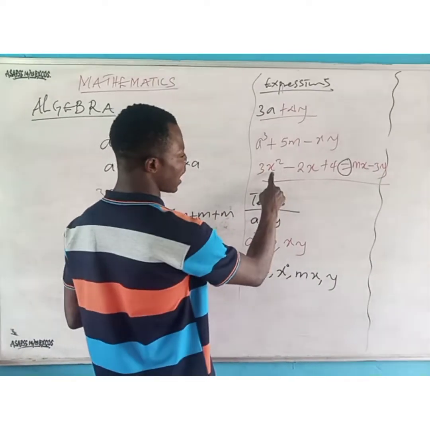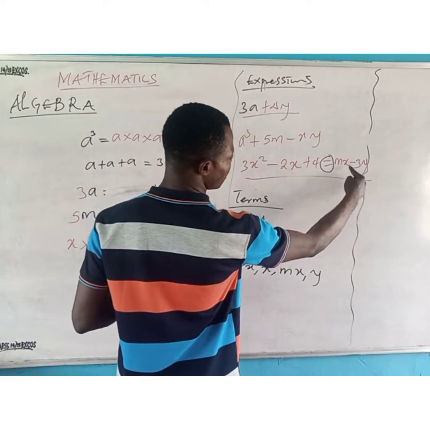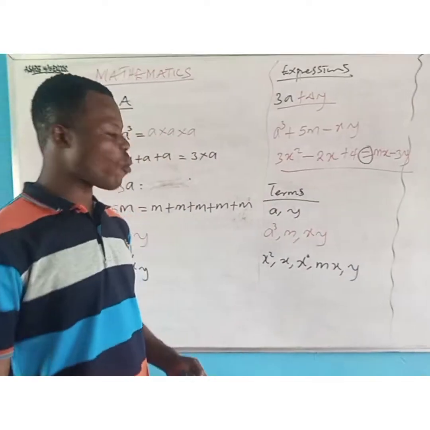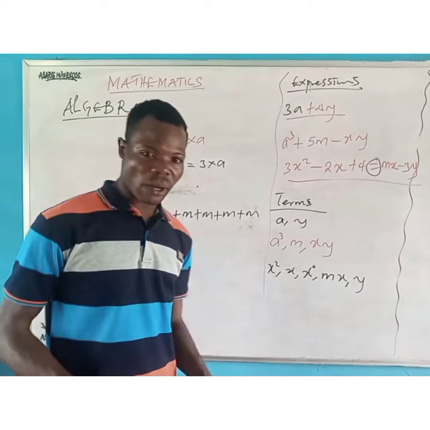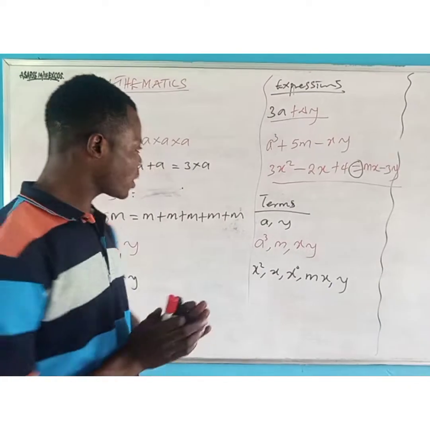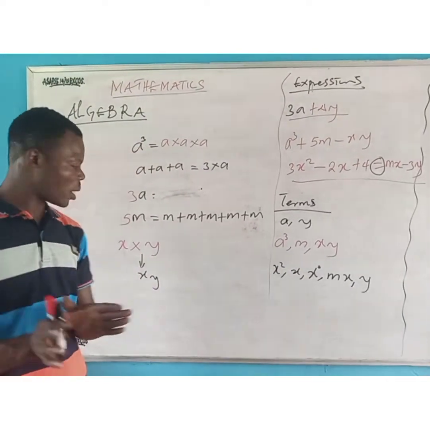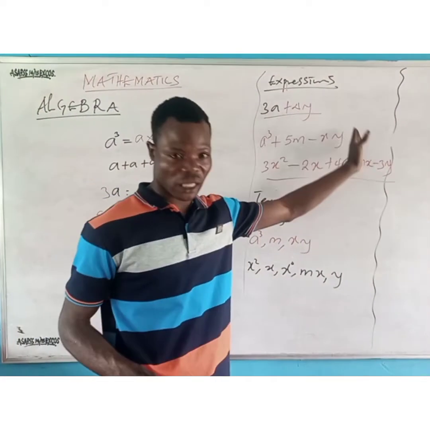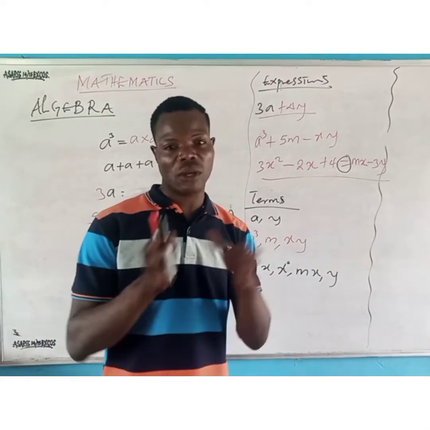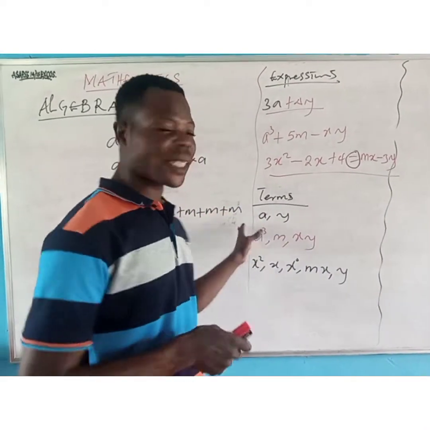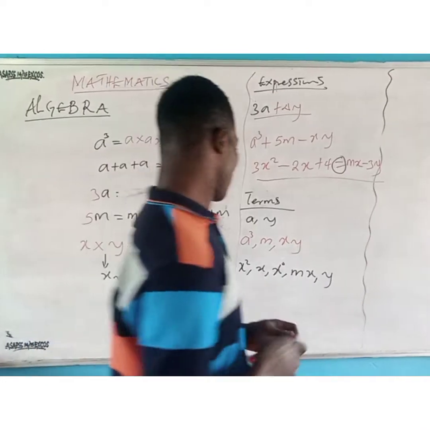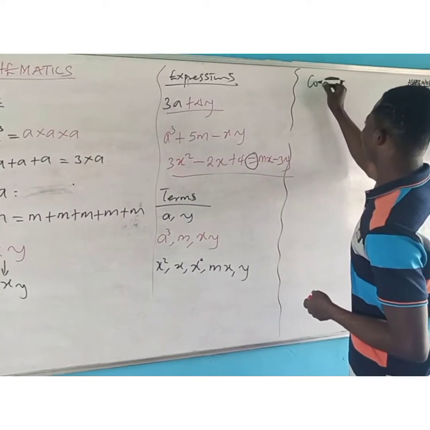These are the terms in this algebraic equation. Now you know what you call terms, right? And you know what I mean by algebra, and you also know what you call algebraic expressions and algebraic equations.